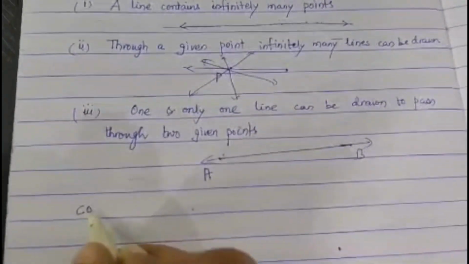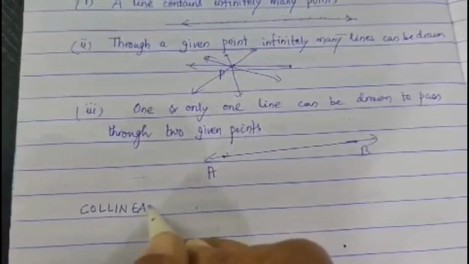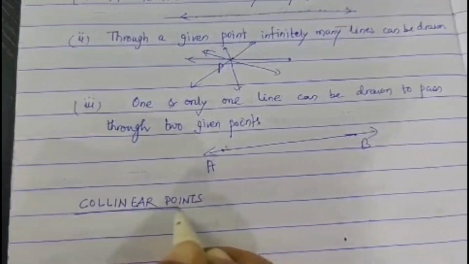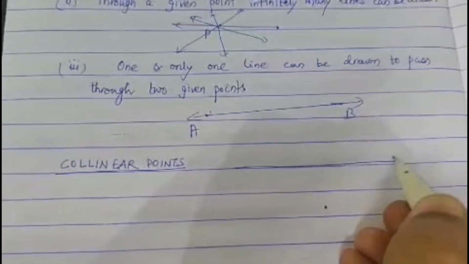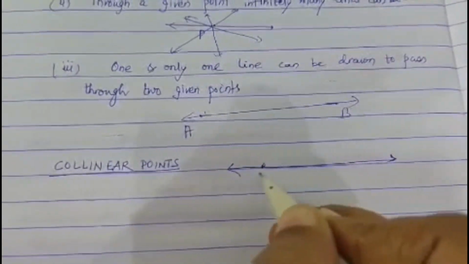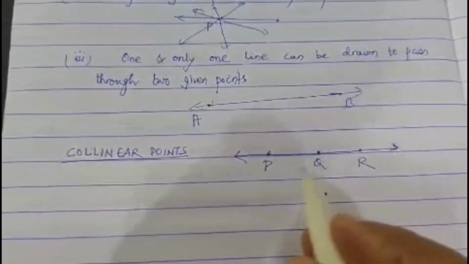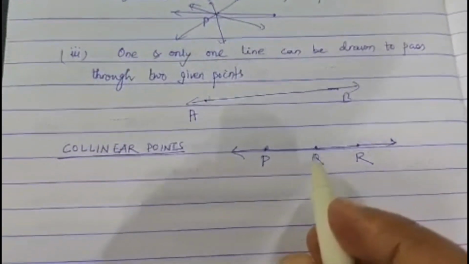Now let's understand what are collinear points. As the name suggests, it is like this. Suppose this is a line and P, Q and R are on it. So all these 3 points are lying on the same line. That means they are collinear.